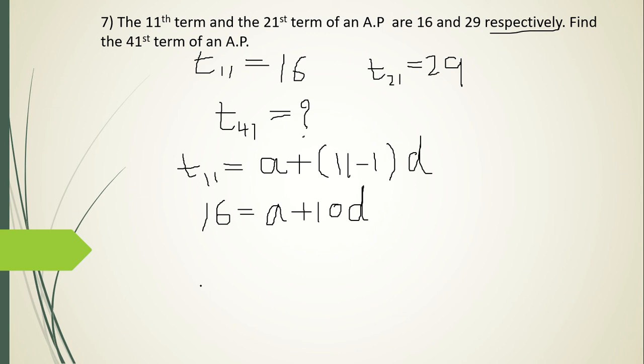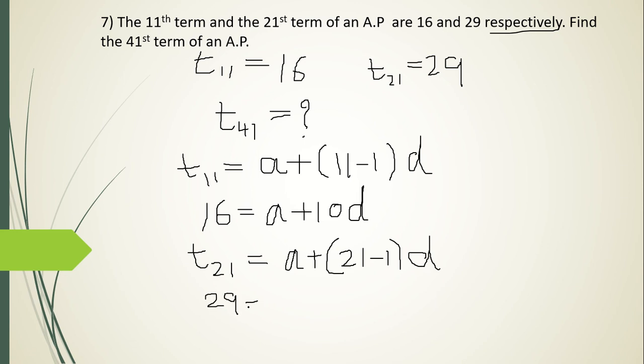And this is T of 21 is equal to A plus, that's going to be 21 minus 1 into D. And T of 21 is 29 is equal to A plus 20D.